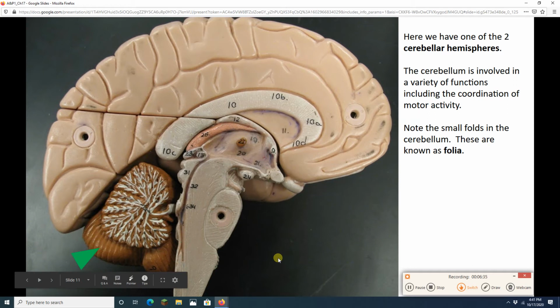Okay, cool. Guys, we're done the brainstem. Let's do the cerebellum. Here we have one of the two cerebellar hemispheres. Cerebellum does a bunch of stuff. Usually the simplest thing, if you want to come up with one function of the cerebellum, it is involved in coordinating your body's movements. It has a lot of little folds called folia. They're kind of analogous to the gyri in the cerebrum, but not quite as prominent.